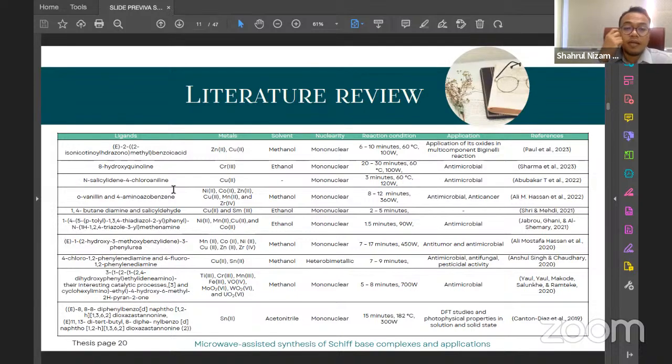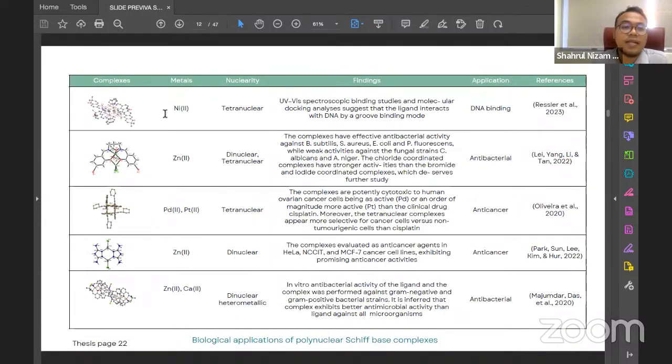So we believe that the potential shown by these complexes can propel us further in studying our complexes. So these are the ligands used, you can see. And then we have nickel tetranuclear complexes, which have been reported to have good binding with DNA.